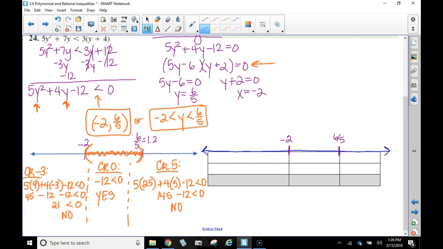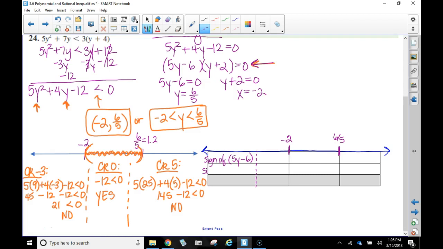But what we're going to do is pull these factors from here. I'm going to consider what is the sign of the factor 5y minus 6. And then I like to put a little dash thing here.